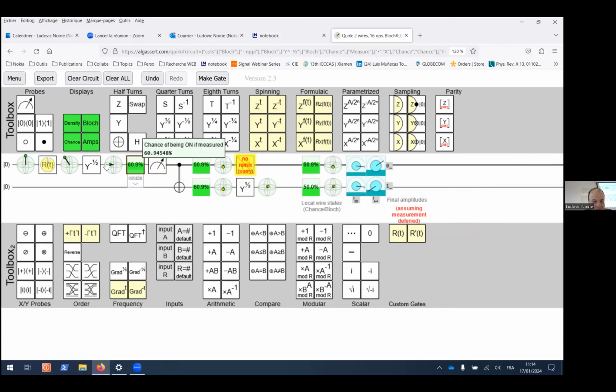So it is a way to measure on the y-axis, with the convention that, sorry, the plus state is if you have 0, and you measure the minus state if you have 1.